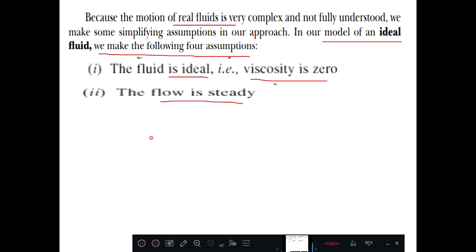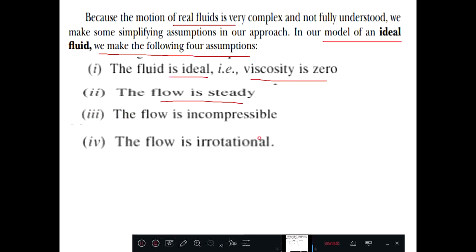The third one is the flow is incompressible, that is, the fluid is incompressible. The density of an incompressible fluid is constant. Next, the flow is irrotational. In irrotational flow, the fluid has no angular momentum about any point.